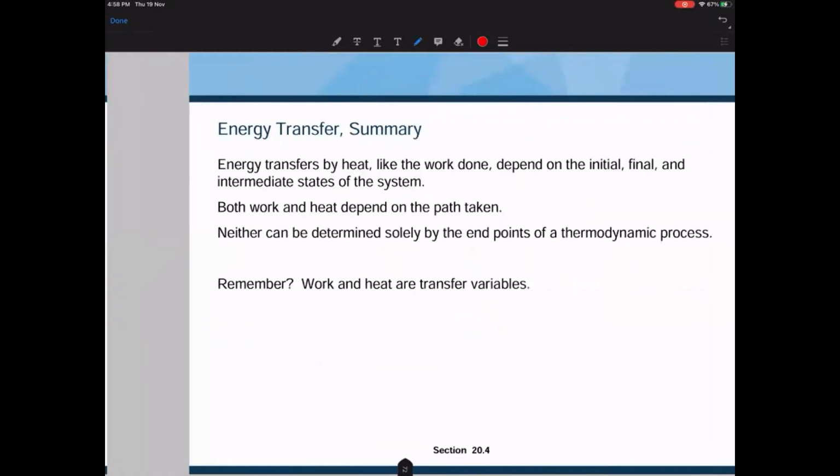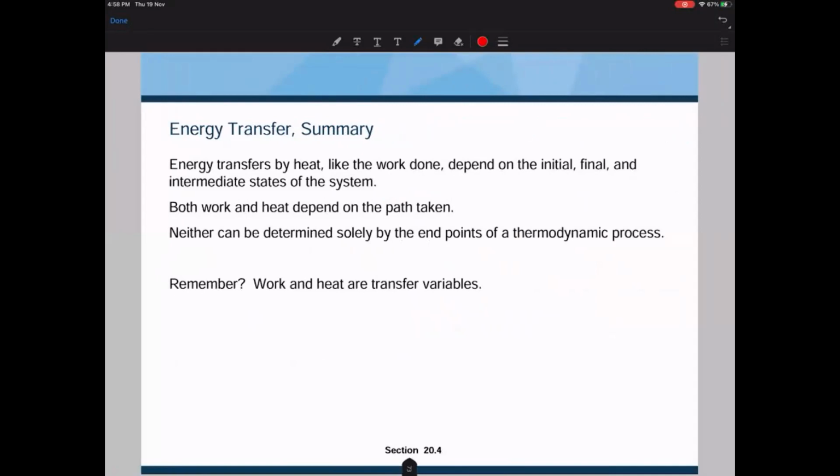So as we just talked about, the energy transfer process by heat or by work done depends highly on the initial and final states, as well as the intermediate process. So the path is very important.